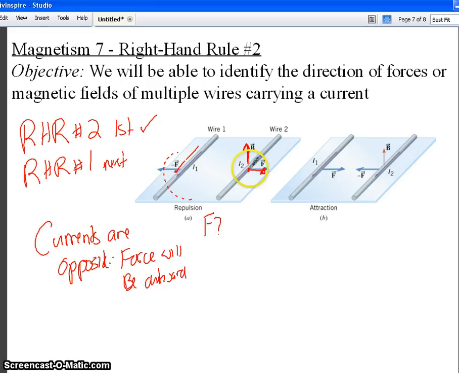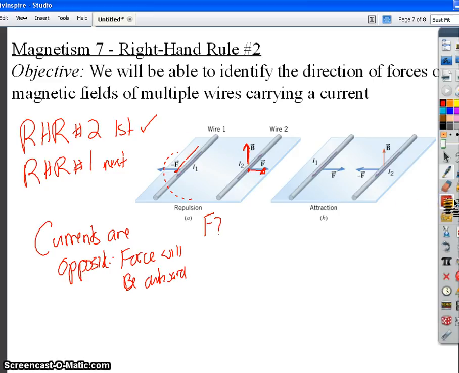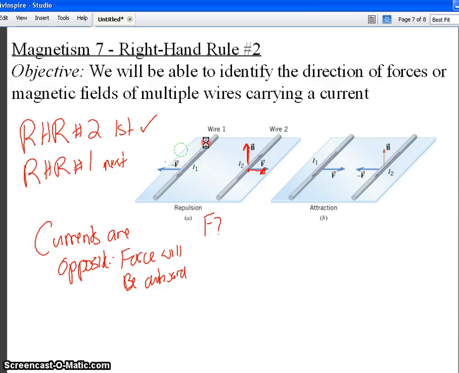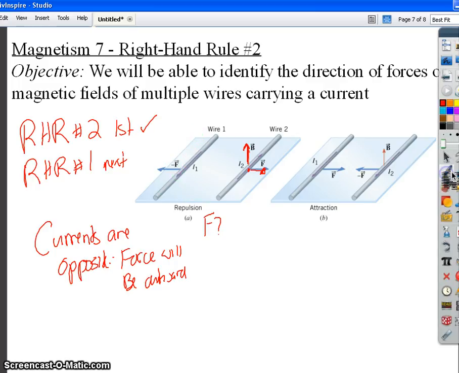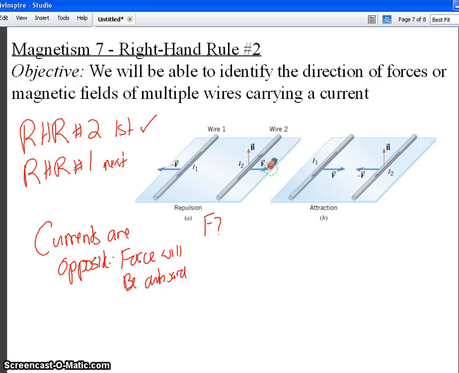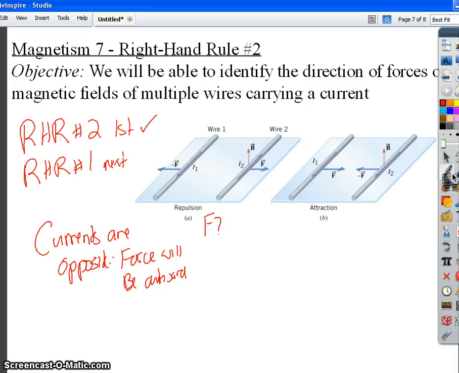So you can see here, if these two wires had these currents, these wires would actually bend away from each other because the force is pushing them out. And likewise, if I go to this one over here, just to be thorough, if I did right-hand rule number 2 on this wire number 2, my thumb would be pointing down, and I would curl my fingers under like this.